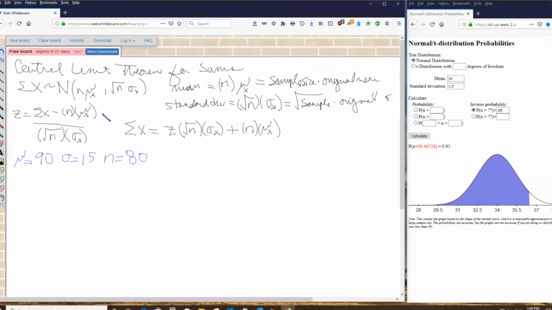And we want to find the probability that x, the sum of the x's, is going to be greater than 7,500. So the sum of x equals the sum of the 80 values.